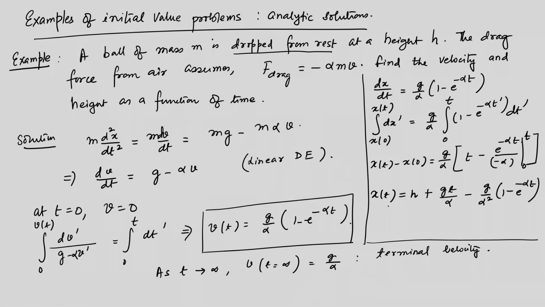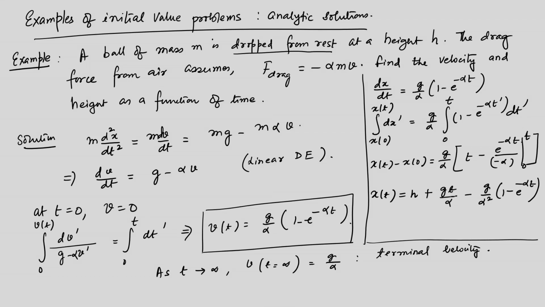Once again, you see that all these quantities are known to you. So, we have arrived at a particular solution of the second order differential equation that we started with. Of course, we started with a second order differential equation in terms of x, but we converted it into a first order one by writing it in terms of v. So, this is the solution for this.